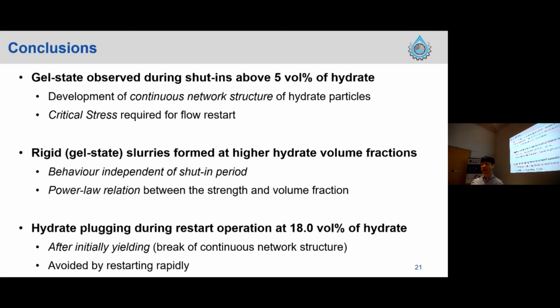There was a power law relation between the hydrate volume fraction and the yield stress. Hydrate plugging was also observed during restart operations, but it happened after initial yielding. This type of plugging may be avoidable by rapid restart operations.